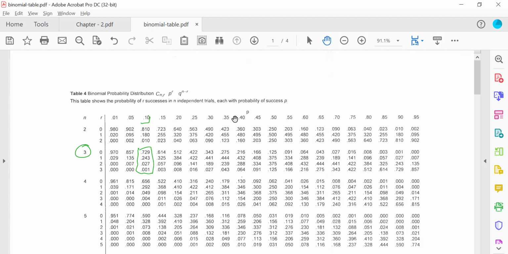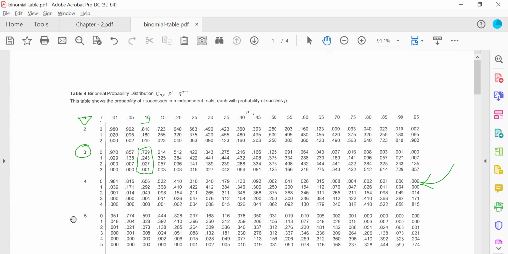Now we also have what is called a binomial table. So this is called a binomial probability distribution table. And it has the different values for n, that's x, and this is for p, different values of p. And the whole table has been generated for different values of the n.